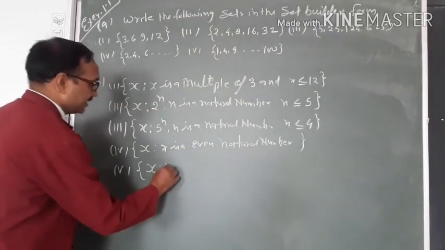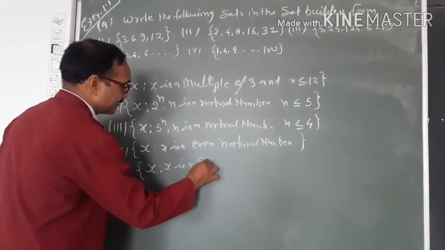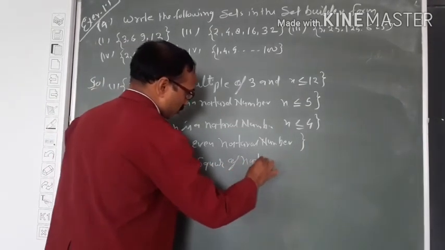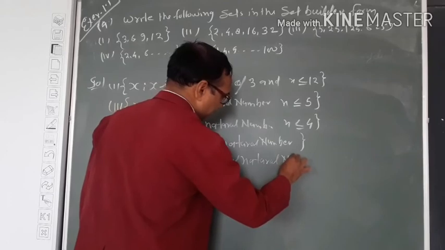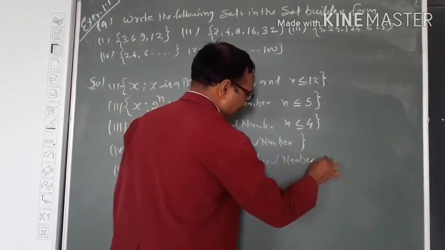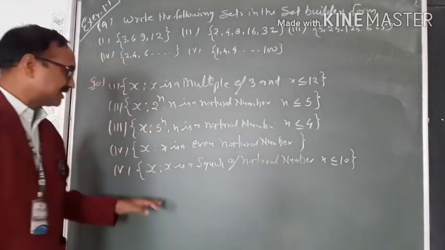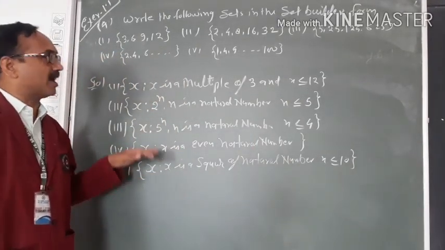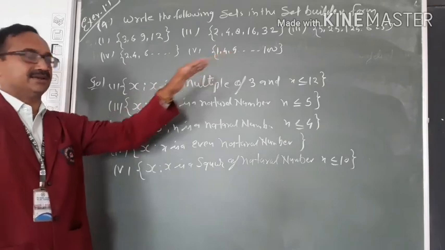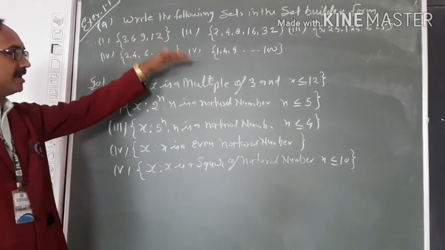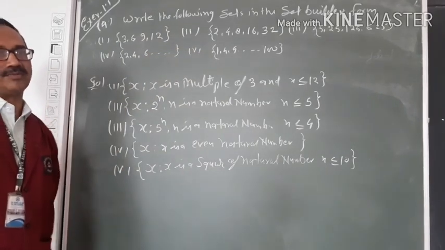So x such that x is a square of natural numbers n and n is less than or equal to 10. That means the squares of natural numbers up to 10 are there in this set. Okay? So these are in the set builder form and these are its roster form.